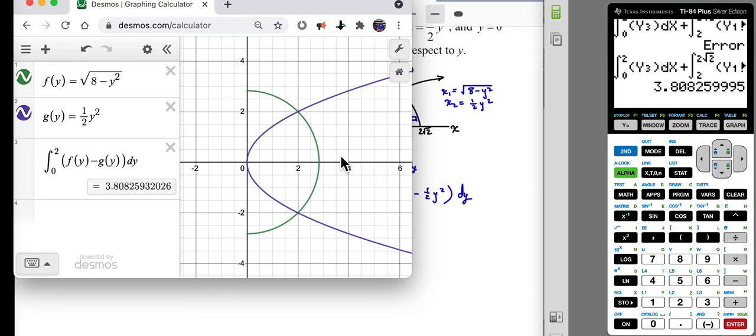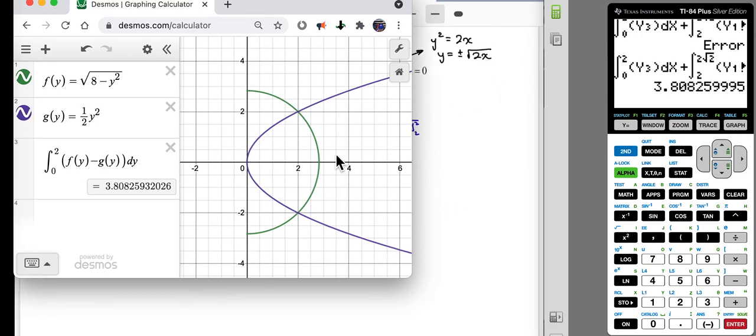Alright. So the differences between the graphing calculator and Desmos is where the quirk comes into play, because you have the plus or minus for the equation that we put into the graphing calculator.